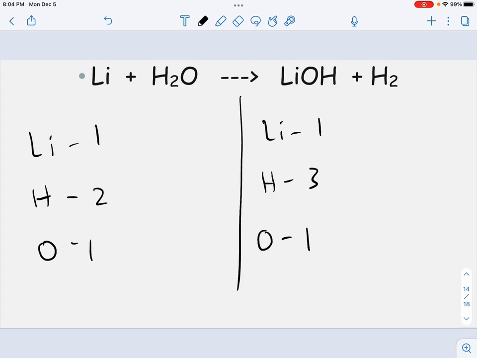Everything balances out except for hydrogen. What I ended up doing is putting a 3 in front of H2O. That gives me 6 hydrogens and 3 oxygens.